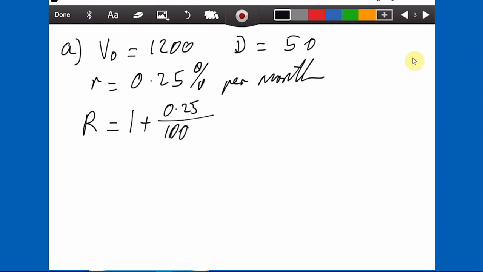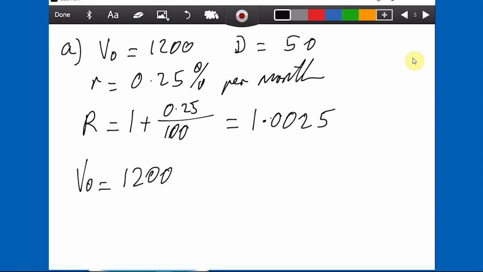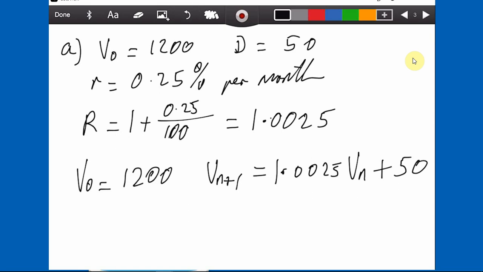And then when you put that in your calculator, 0.0025 is what that comes out to. So our recurrence relation, we need to know where to start. The next month's balance is 1.0025 times the value this month plus our deposit, which is 50. Whoops, forgot a couple of zeros there. All right. So there's that.